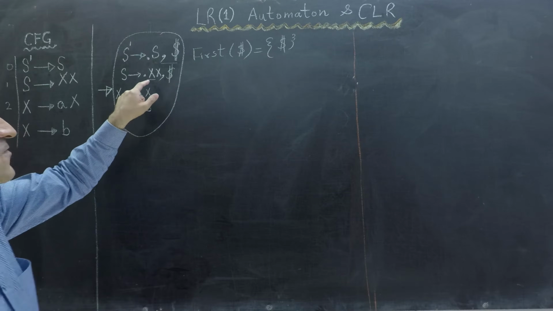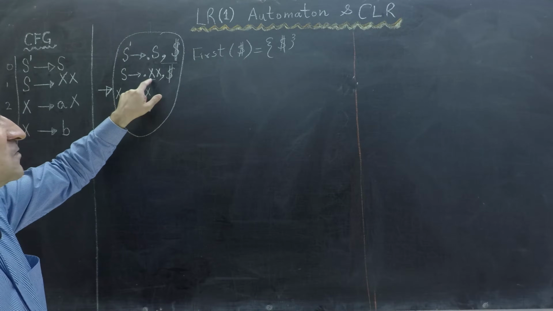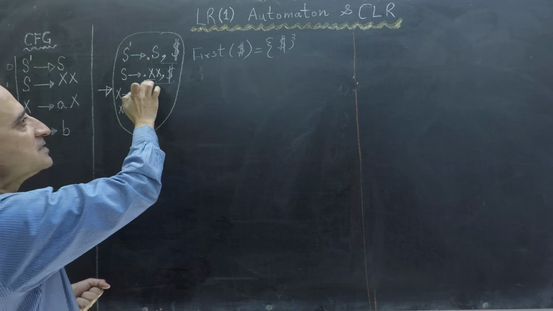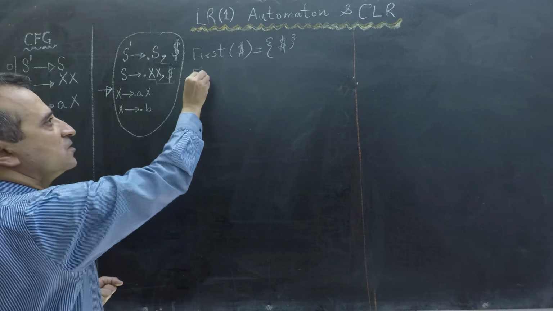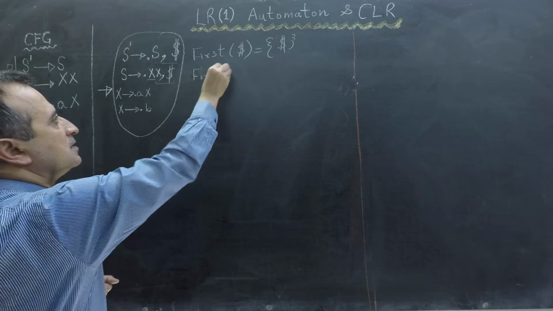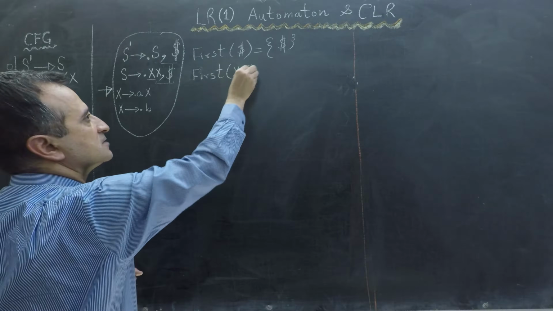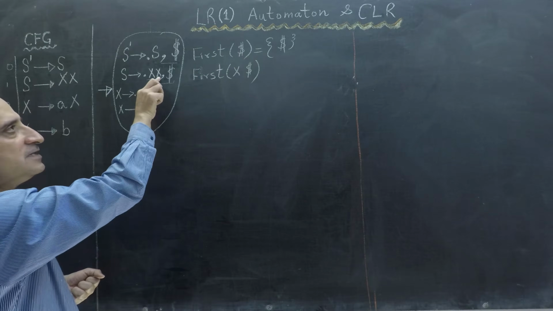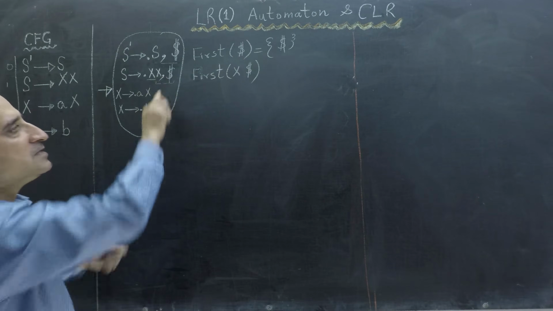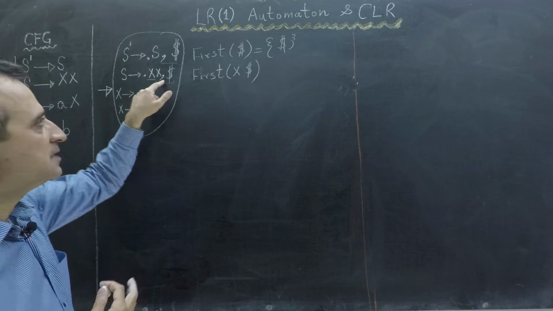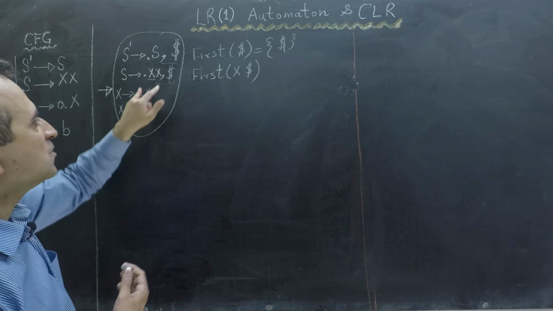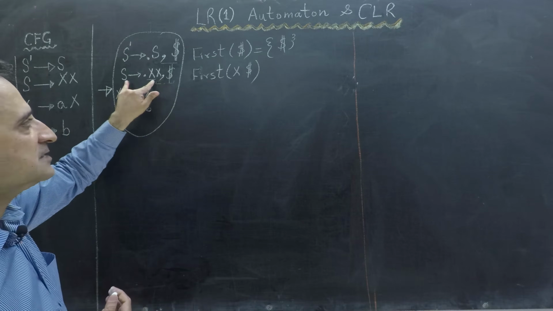And because I have added these productions because of this X, I will compute first of whatever is after this X. So I will compute first of X and $, because after this X I have this X and $. Please ignore the comma, as the comma is neither a terminal nor a non-terminal. It is for the separation of productions and look ahead.